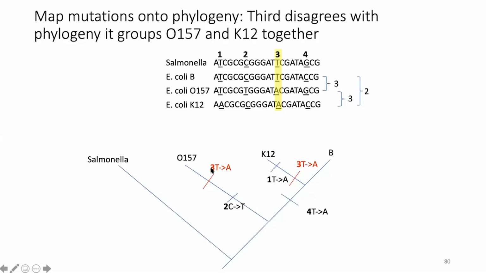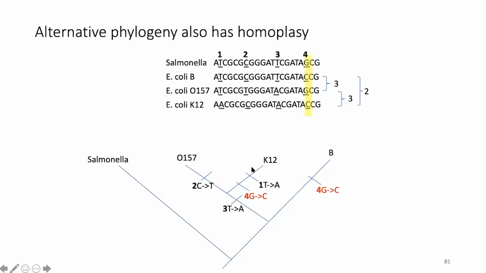See, what I'm saying is that site number 3 has an A here and an A here for K12, but B has a distinct T here that's more like that Salmonella. And so we can change the phylogeny to reflect our new hypothesis that K12 and O157 are more closely related to each other. But when we do that, now we mess up the 4th mutation.